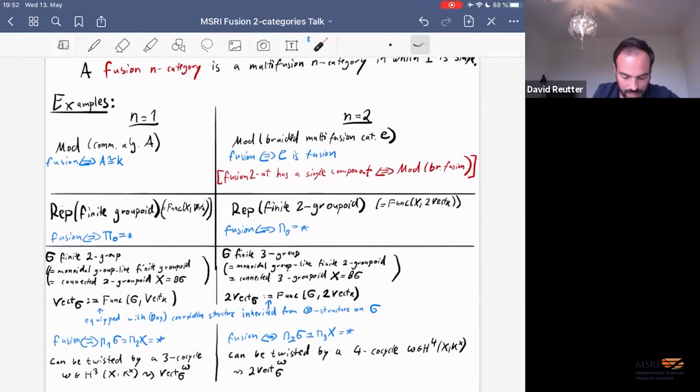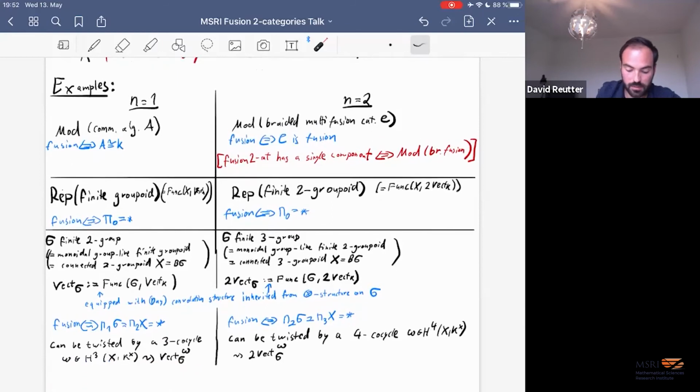So here, these examples, these graded vector spaces in the classical case, they can be twisted by some 3-cocycle. So if I have a 3-cocycle of this X, which is BG, or if you want just some group 3-cocycle, if G actually just happens to be a group, then you can twist the associator essentially of this monoidal category and get some new monoidal category, and this is called Vec G twisted by the 3-cocycle.